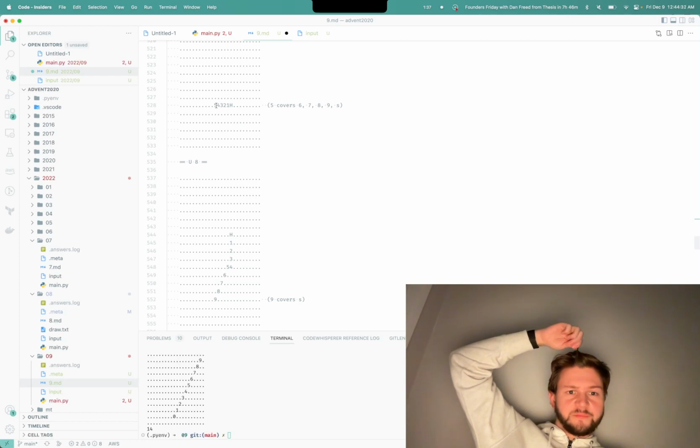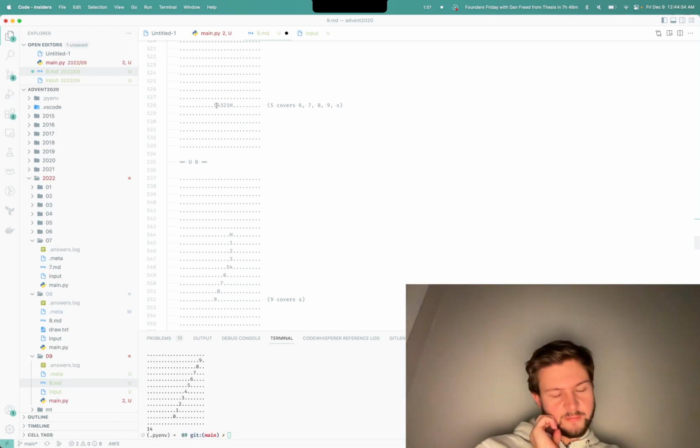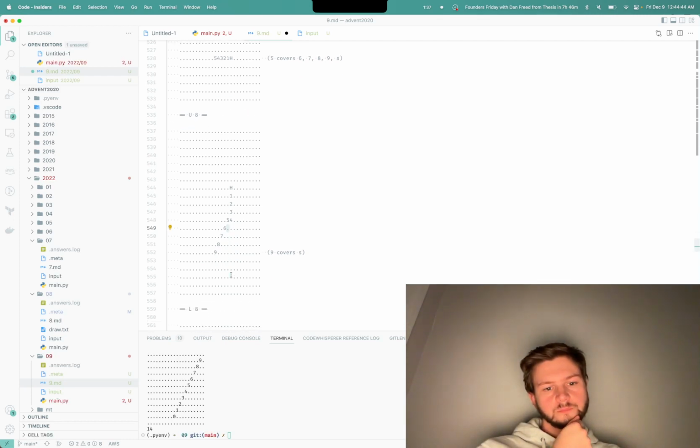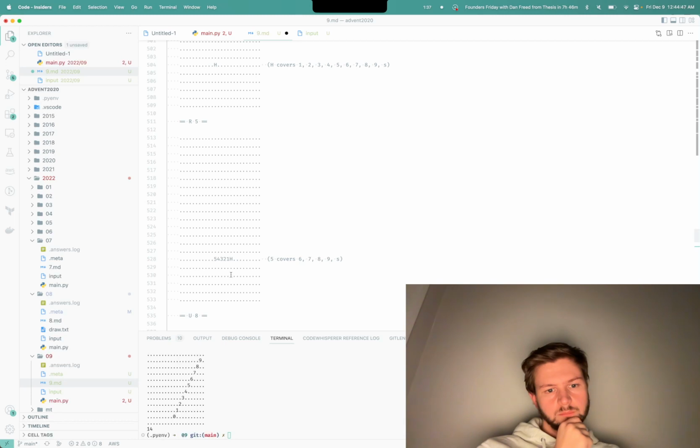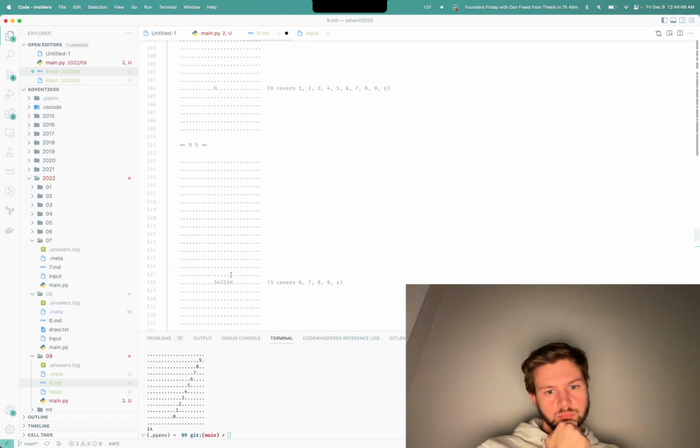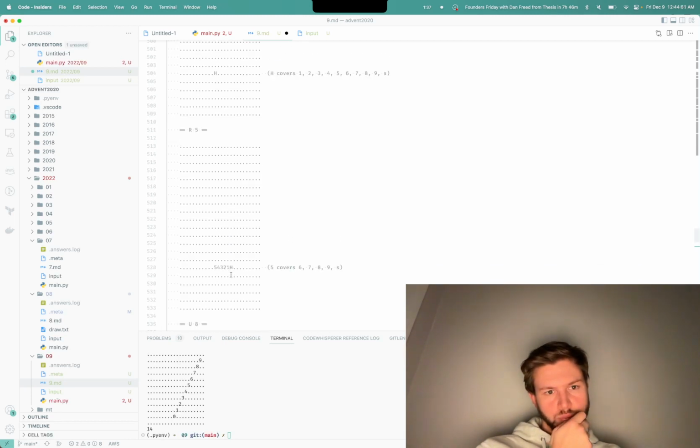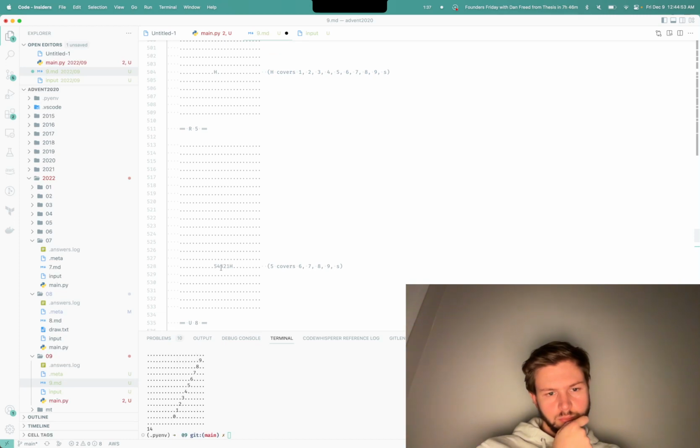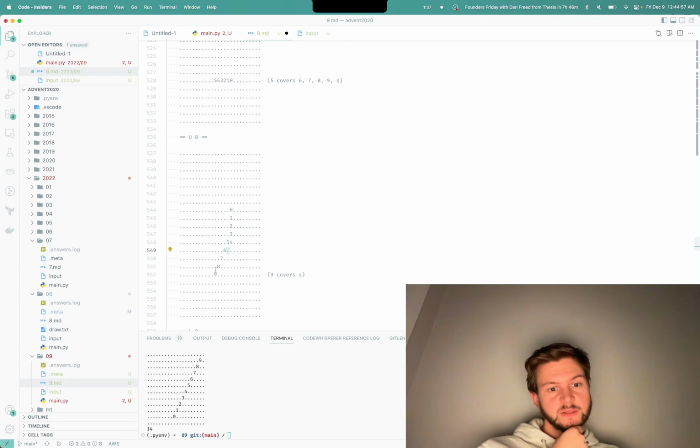8. Why is it? Ah! This is killing me. The 5 moves to the right because.